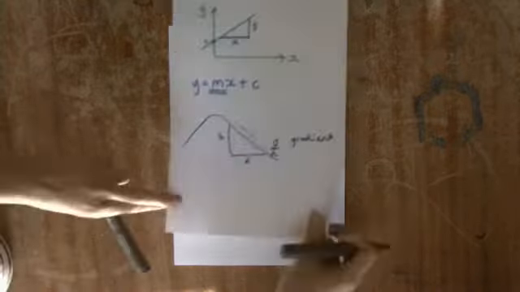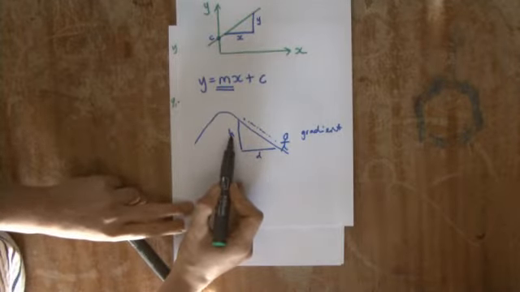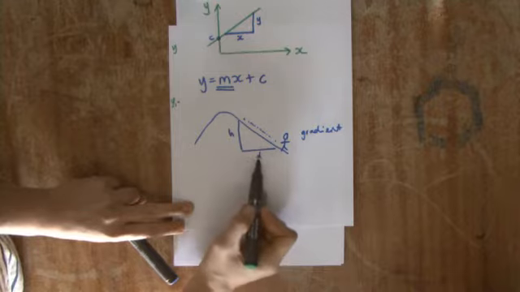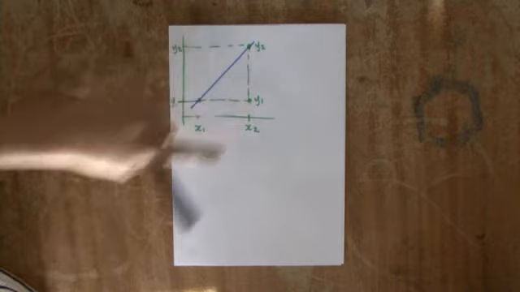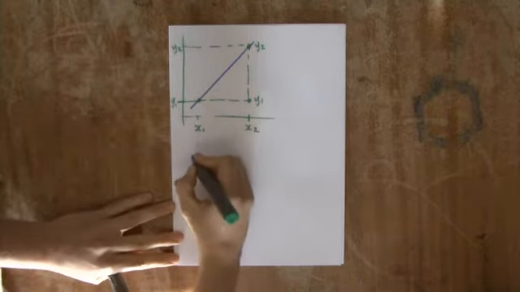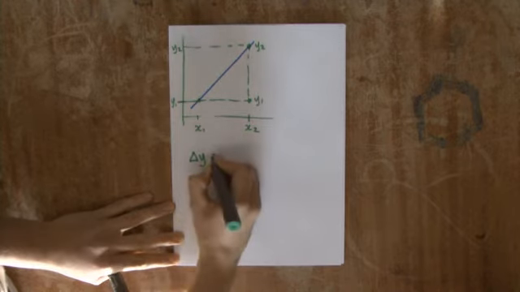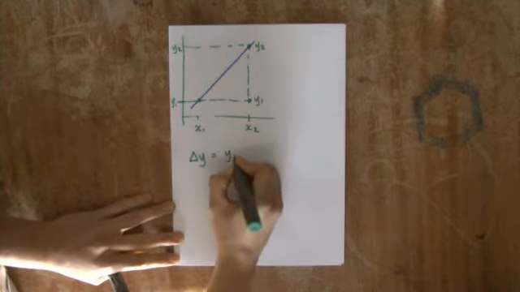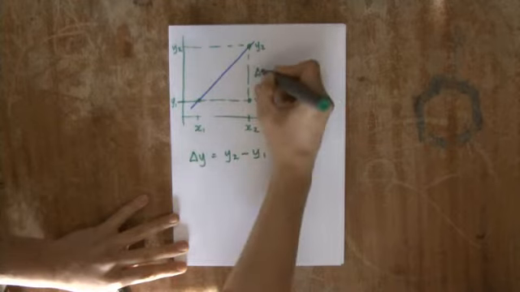Now we know from earlier that the gradient is the change in height that you've travelled divided by the change in the distance, so you need to find the difference between y2 and y1, so we'll call it the difference in y, which is delta y, and we find that by subtracting one from the other, y2 minus y1. So this is delta y.